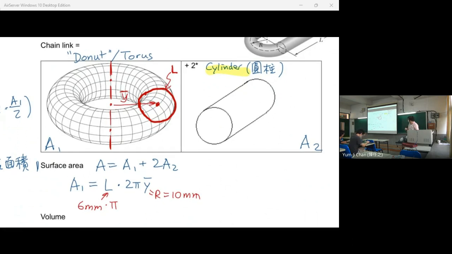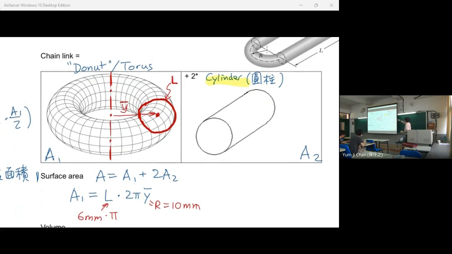So y bar is equal to R here. The question says this is a 6 millimeter diameter, so the circumference is pi times 6 millimeters.